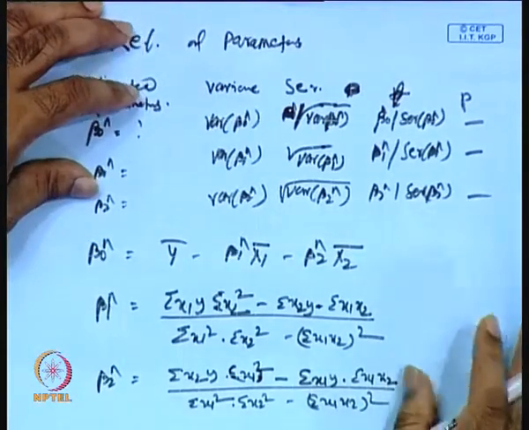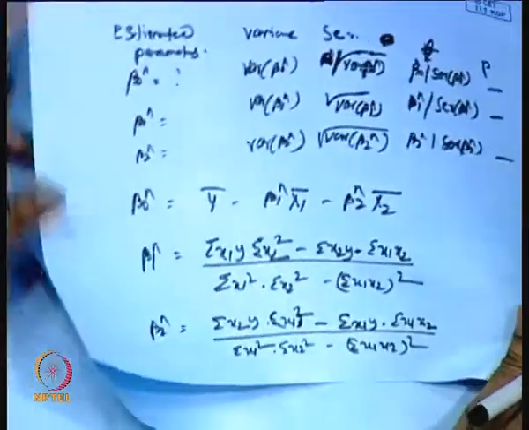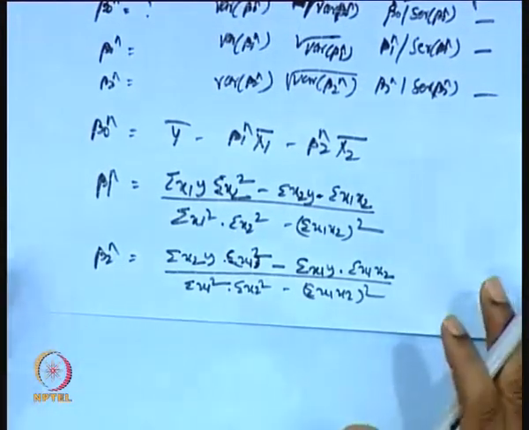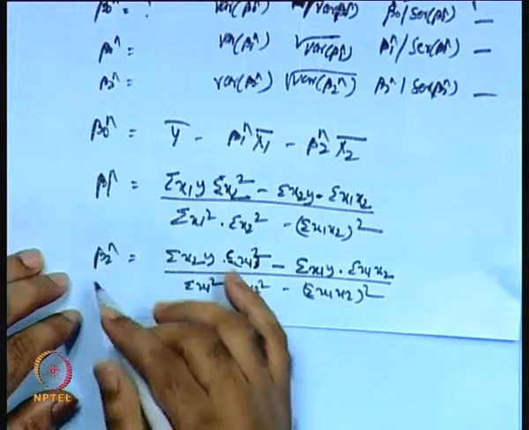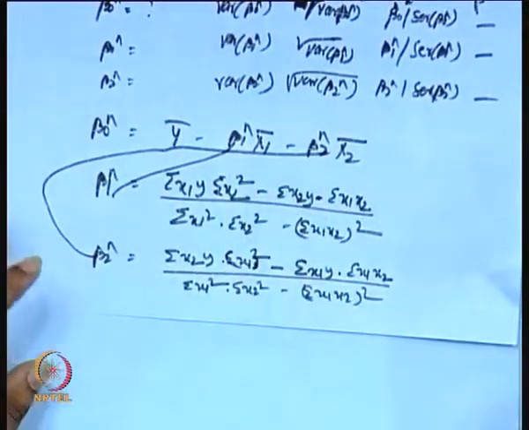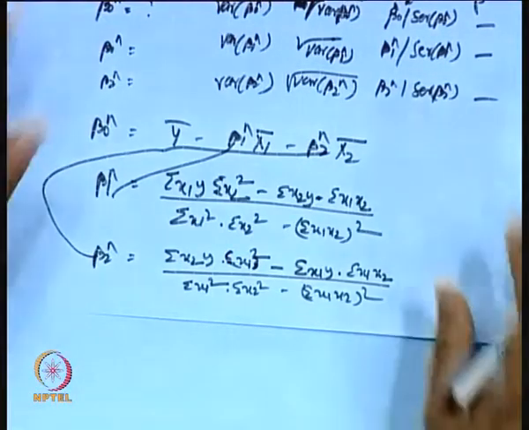Okay. So, this is how the estimated parameters have to be obtained. After getting beta 1 hat and beta 2 hat, if you put them here, then you get to know beta 0 hat.